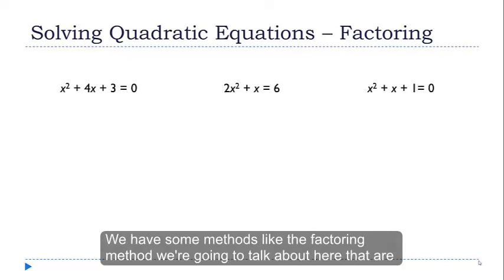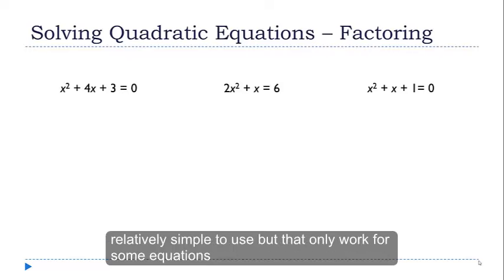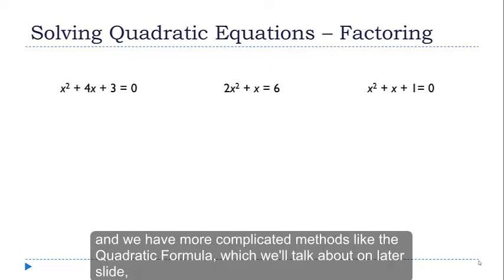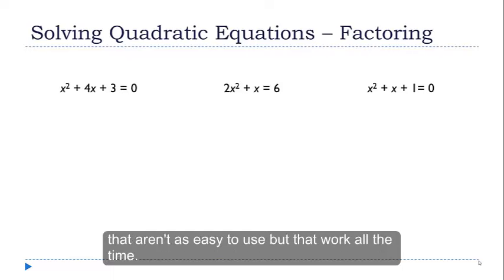We have some methods, like the factoring method we're going to talk about here, that are relatively simple to use, but that only work for some equations. And we have more complicated methods, like the quadratic formula, which we'll talk about on a later slide, that aren't as easy to use, but that work all the time.